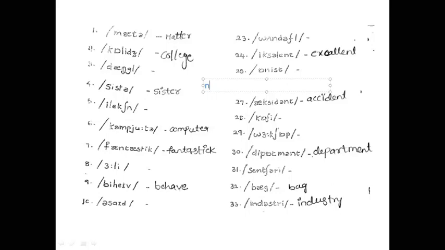Some kind of sound will be there. Okay, and if you add ga sound, it will become ing. If you add ka sound, it will become ink. Ink. Okay. If you add after na sound, if you add k, ink. But it is ink.